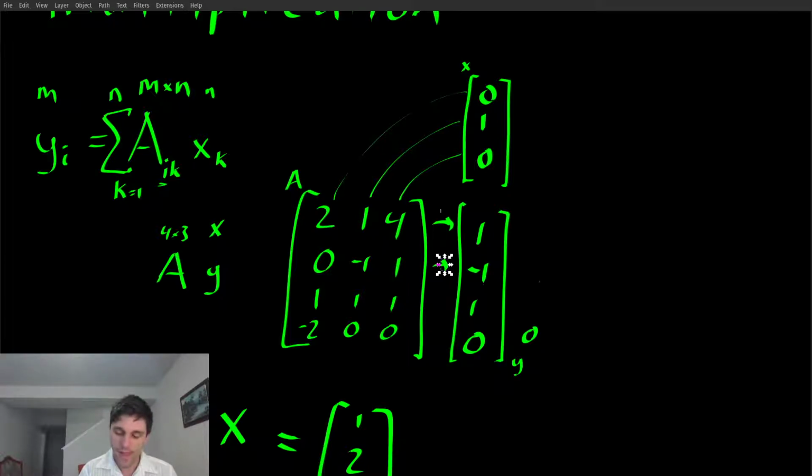But there's another way I can think about it that will make just as much sense or more sense depending on the context, which is that it's the linear combination of the columns, and each coefficient is in x. So for example, let's take away these and put all ones in there. So let's say x was 1, 1, 1, like that, right?